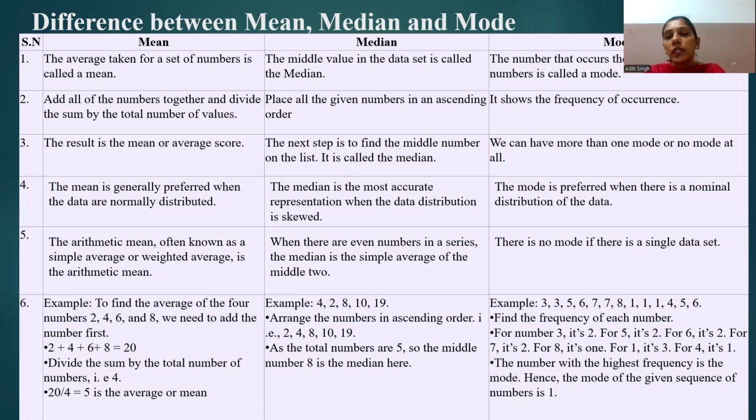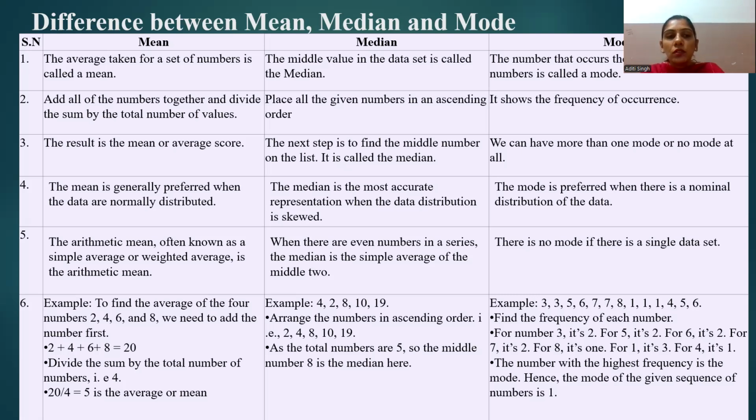And while calculating mode, we can have more than one mode. We can get one mode, or more than two modes, and there is also a probability that there will be no mode. The mode is denoted with the symbol Z when we do the calculation numerically.